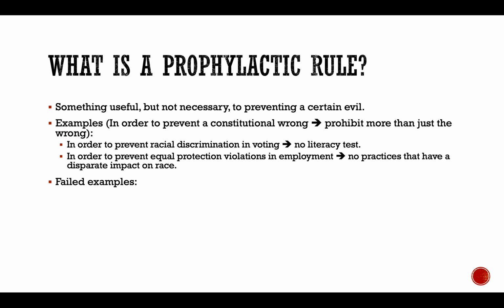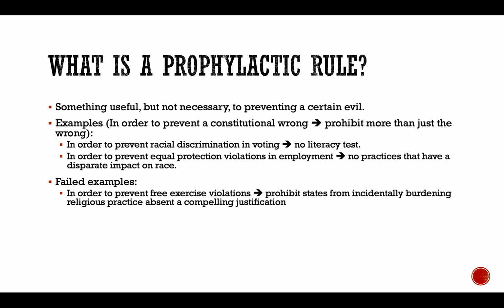But in the last 2 days, we've also looked at failed examples where Congress's legislation, the court told us in both cases, was out of proportion to the alleged wrongs. So let's take the Boerne case. Congress there said it wanted to prevent violations of the Free Exercise of Religion Clause. So in order to do that, Congress passed RFRA, which prohibits states from incidentally burdening religious practice absent a compelling justification.